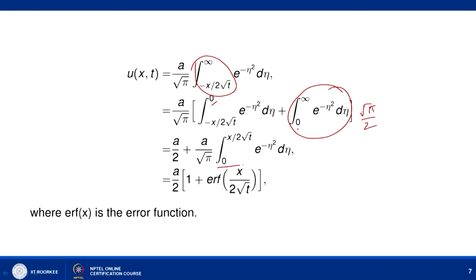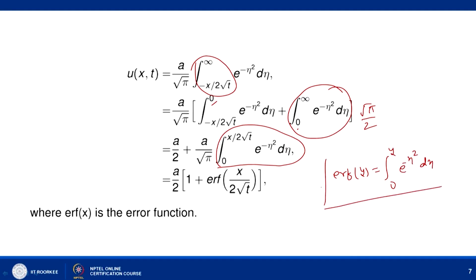Now, this expression is given as error function of x upon 2 root t. Here error function of y is written as the integral from 0 to y e to power minus eta square d of eta. So, using the expression for error function, we can write down our u x t as a by 2 times 1 plus error function of x upon 2 root t.